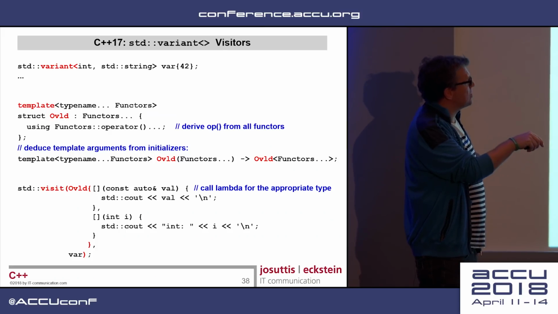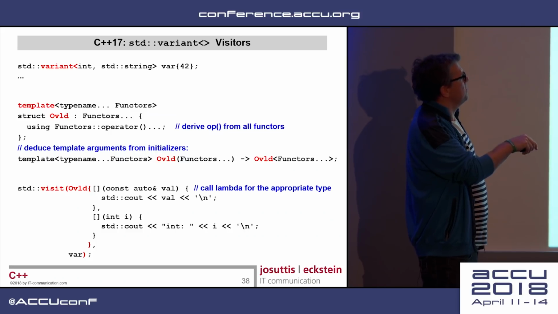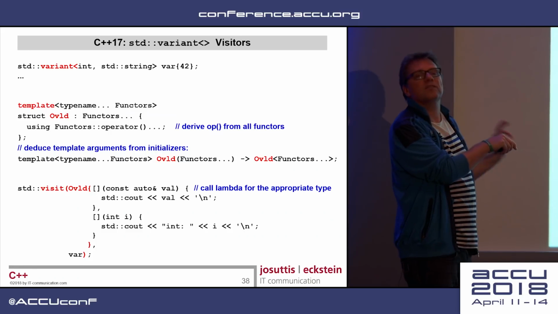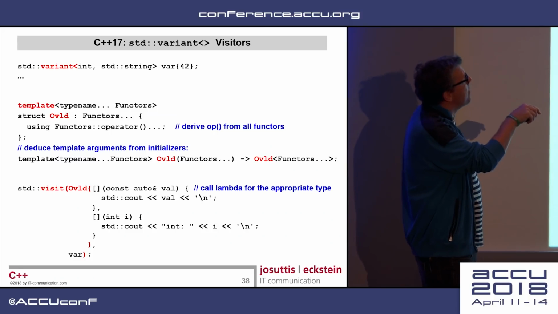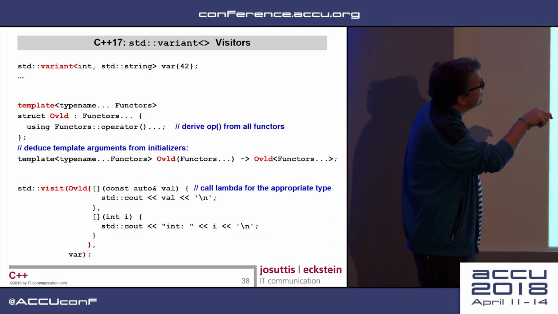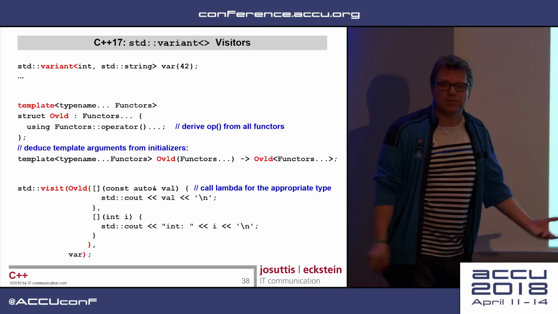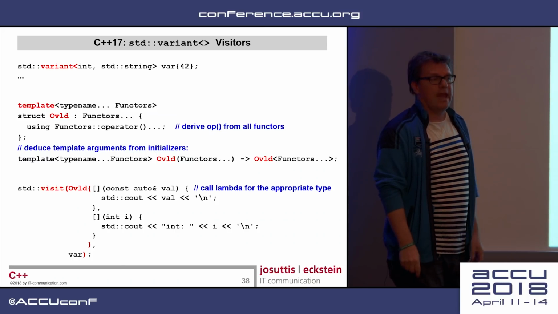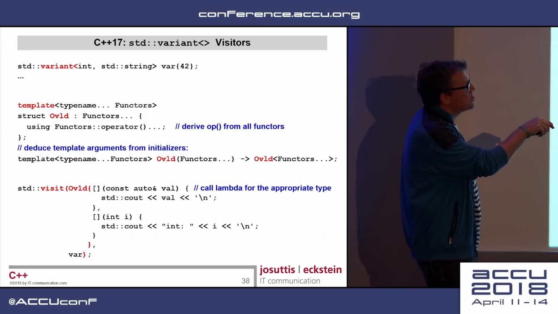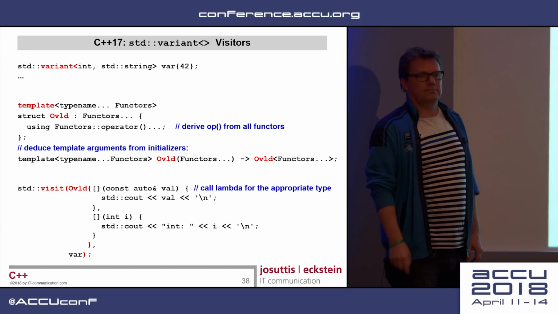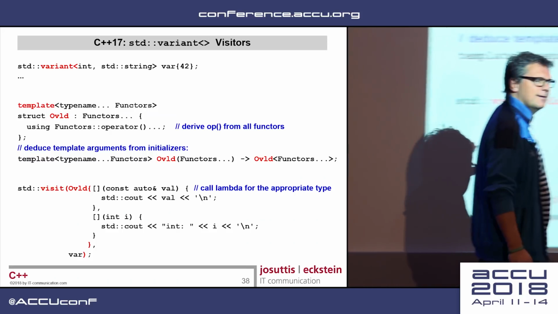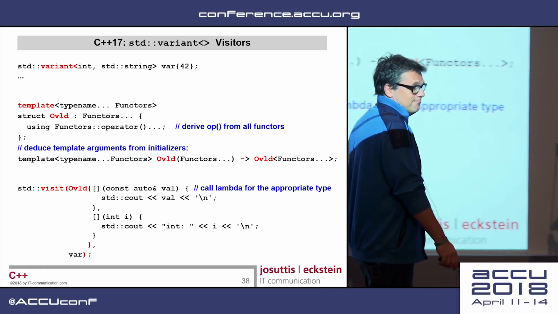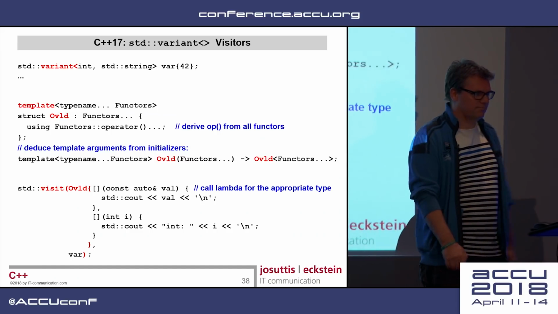According to this deduction guide, this will deduce the types of these lambdas as template parameters, and these template parameter types are the base types of this object, of this data type. And then we derive their function objects. Straightforward coding, isn't it? Yeah, that's all. It works.